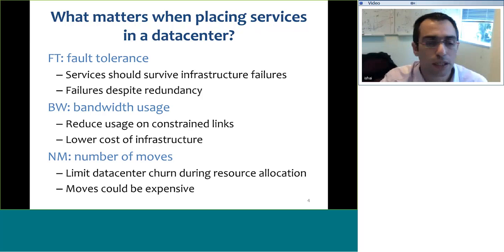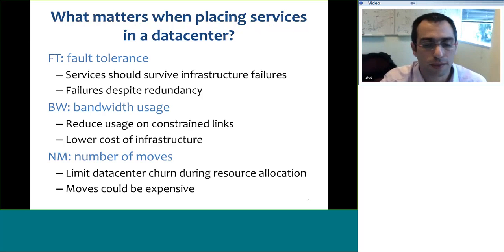The second metric of interest is bandwidth. We certainly want to reduce the bandwidth on the congested links, and in particular, mostly we refer to the core of the network. While we place certain services, we want to make sure that we don't overload the core capacity of the data center.